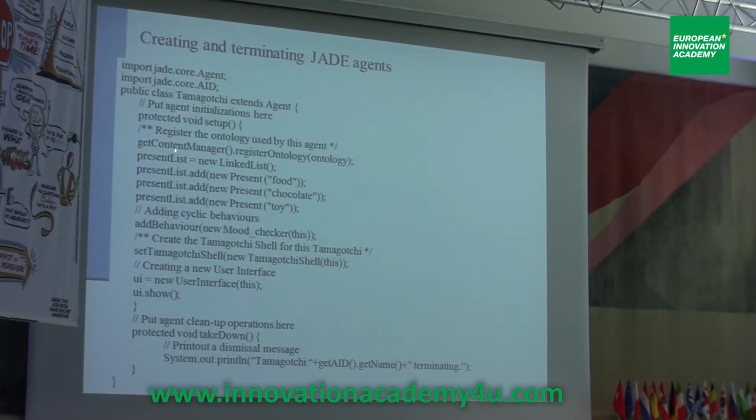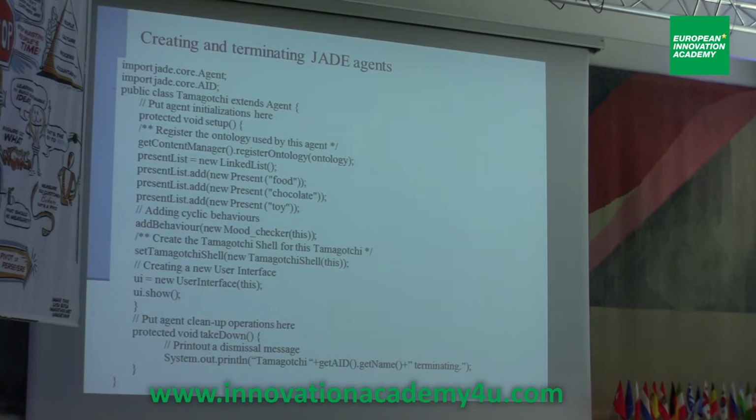But here you see the present list is filled with the different presents: food, chocolate, toy, the presents that a Tamagotchi can give to another Tamagotchi. The user interface is created for Tamagotchi. The local environment is created. The Tamagotchi shell is created. I mean, this box here. I mean, the simulation of this box, because, as I said, we assume here that this Tamagotchi doesn't exist.